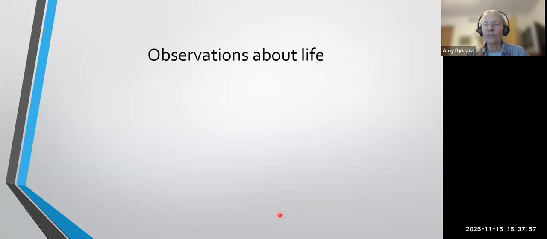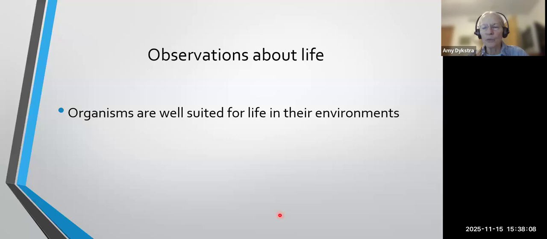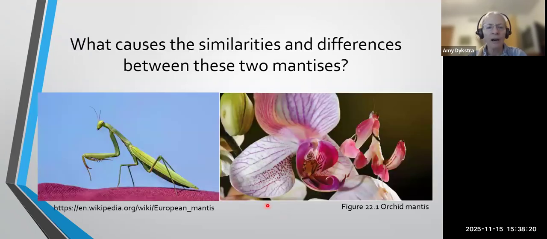And there are other observations about life that scientists have been trying to answer for hundreds of years, literally. One observation is that organisms are well suited for life in their environments. And you could say that both of the types of mantises that we saw in the previous slide are well suited for life in their environments.